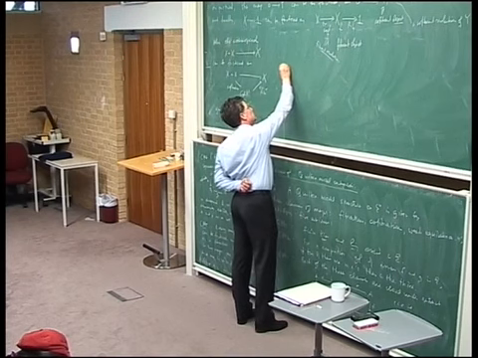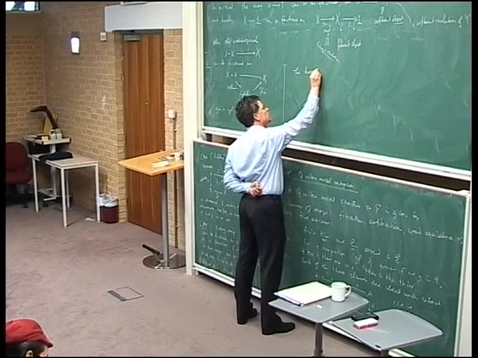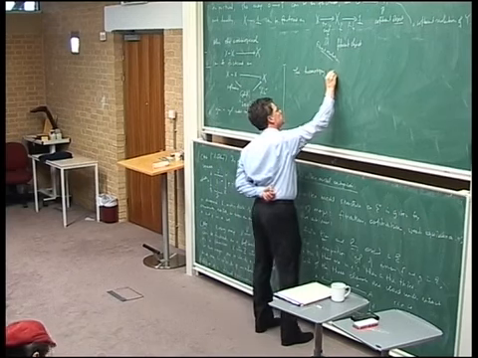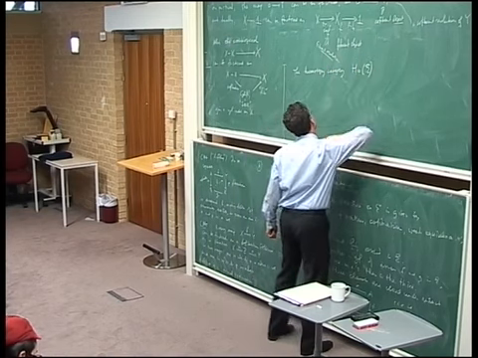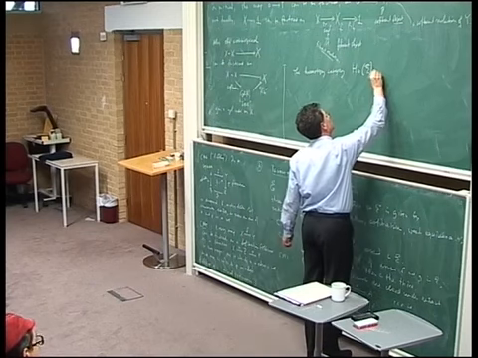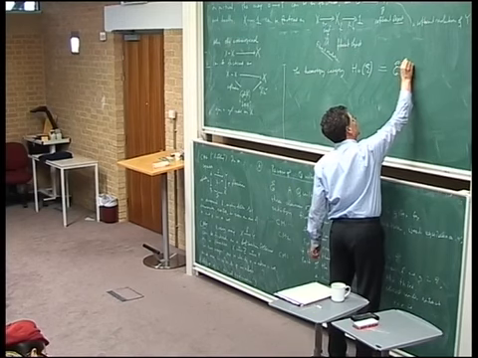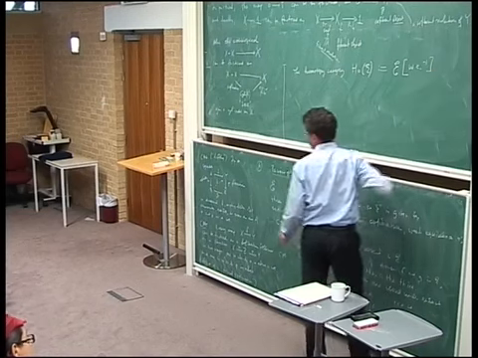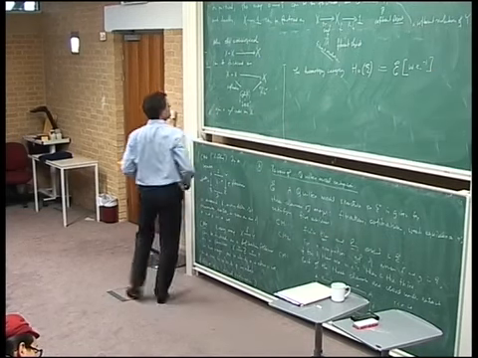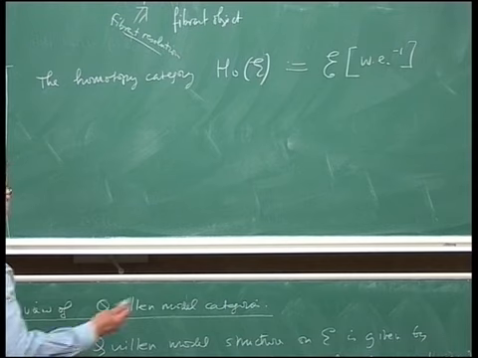So then we can construct the homotopy category Ho of E, which is by definition E with the weak equivalences universally turned into isomorphisms. So you formally add an inverse to every weak equivalence, and then you generate a category.